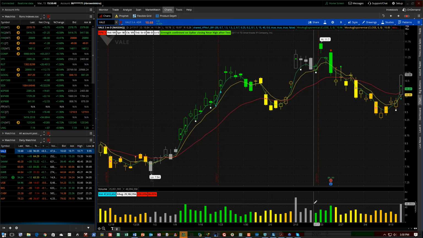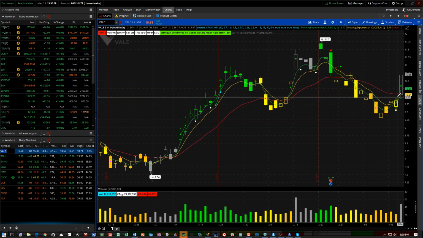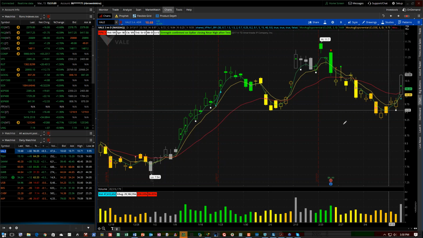I thought they were interesting, and they exhibited the characteristics. Now, I just happen to have the 3 and the 6 right here, and this is the 18. So yesterday the 3 had not crossed above the 6, but today it crossed above the 6. So this one will not be showing up in the counter trend today.